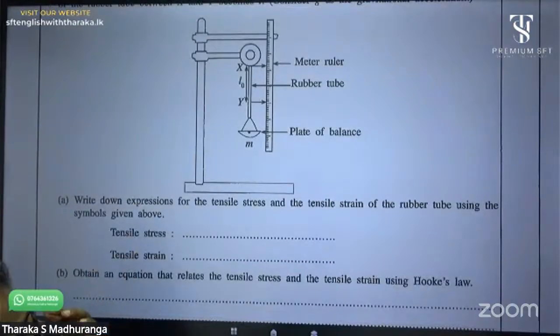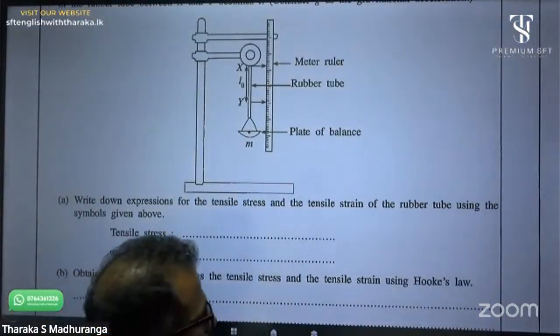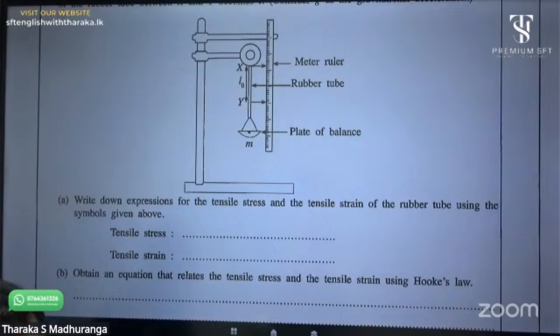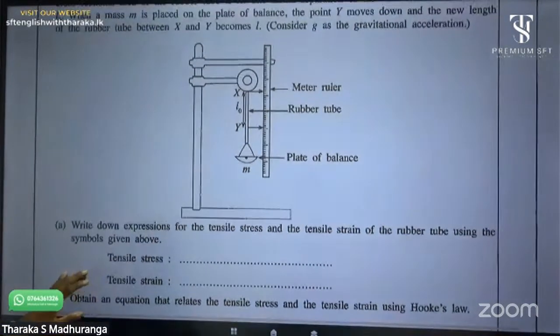Write down expression for the tensile stress and tensile strain of the rubber tube using the given symbols. Okay, what is the tensile stress now?